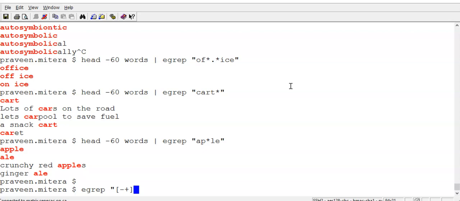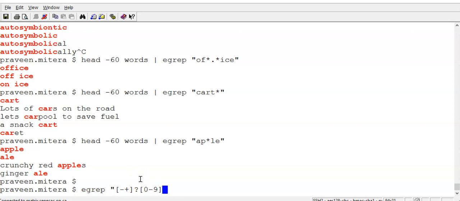But then not all numbers are going to have a sign, so maybe we want to make it optional by putting a question mark, because the question mark acts upon the previous character or character class and makes it optional. After the sign, we have something, let's say minus 200. So minus is taken care of here, and then we want to allow at least one number.